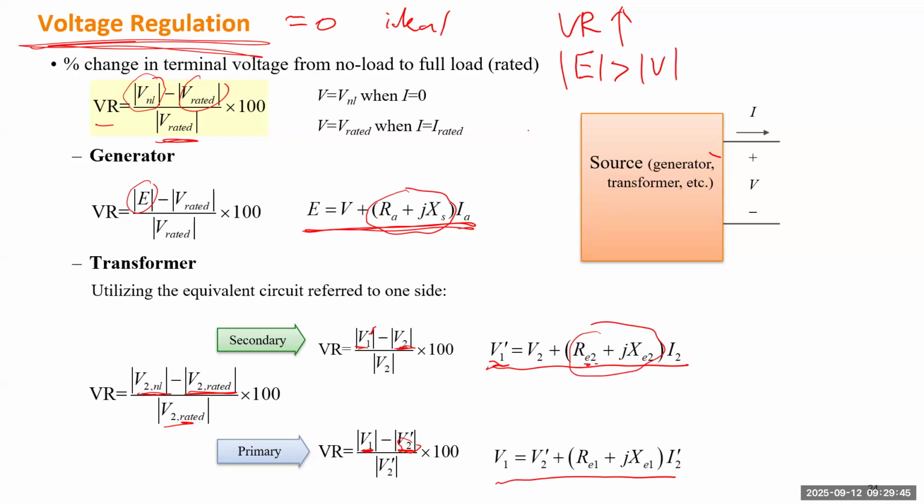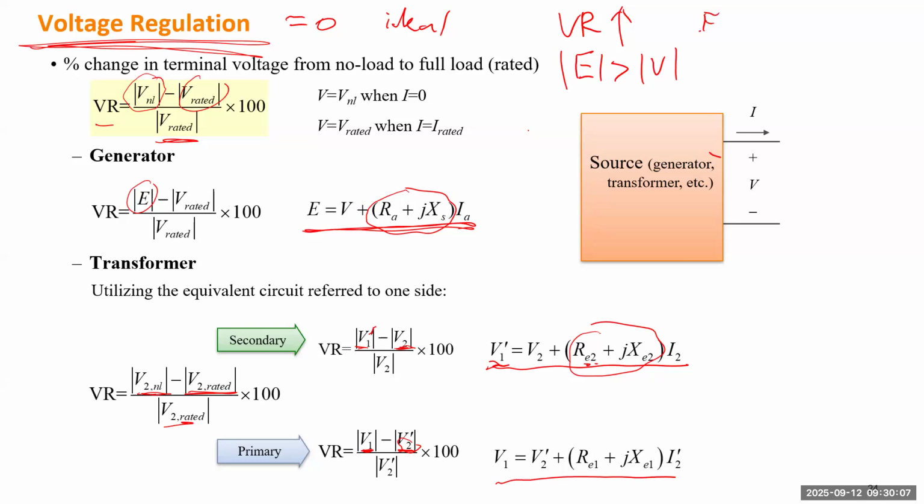So when we increase voltage regulation, which means the E should be higher, right? So the quality will be worse. The higher the voltage regulation, the worse the quality of the source.